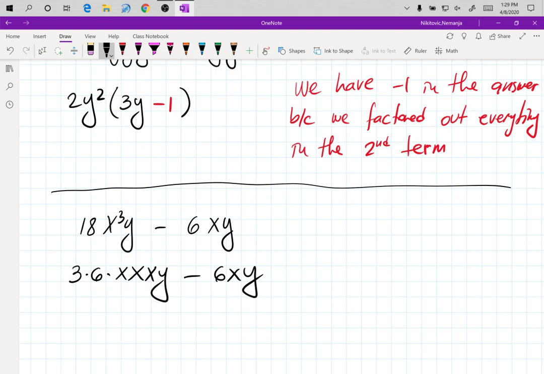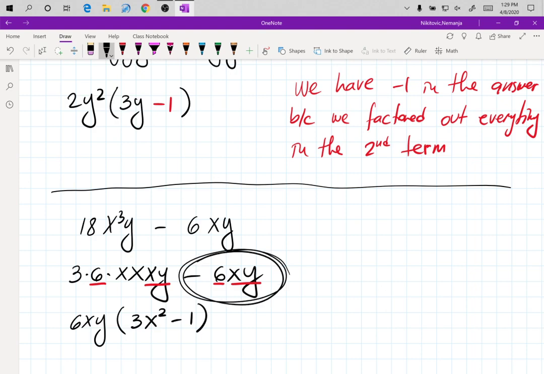So what I have done here is I broke it apart so that I can pull common things. 6 is common, and then xy is common. So 6xy is common, and the leftovers is 3x squared minus 1.